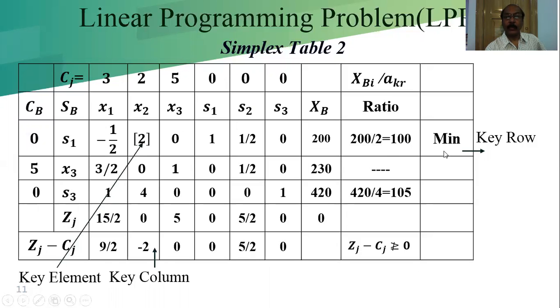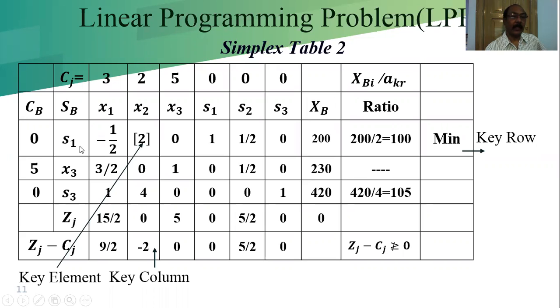So the variable corresponding to this, S1, is the departing variable and x2 is our entering variable. That means non-basic variable x2 is entering into the basis and basic variable S1 is departing from the basis.